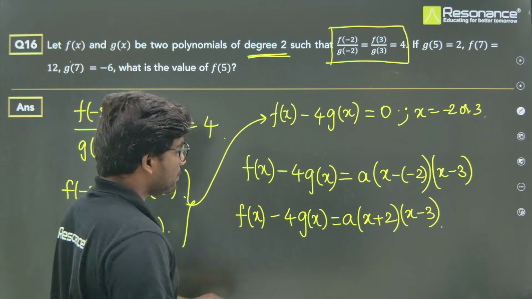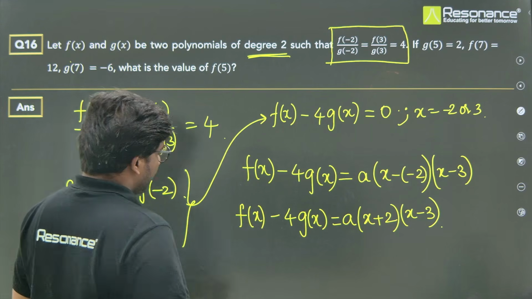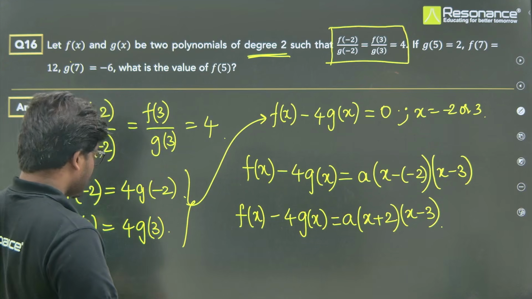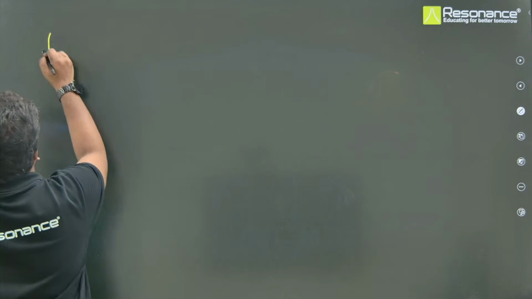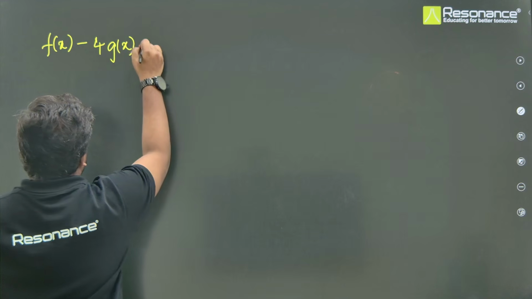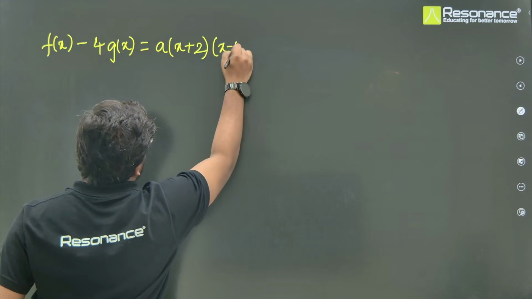Alright, now let's go to the next slide. We'll work it over there. f of x minus 4g of x is a into x plus 2 into x minus 3.